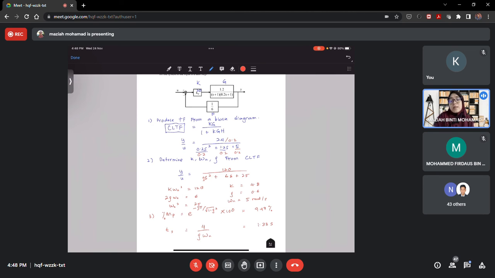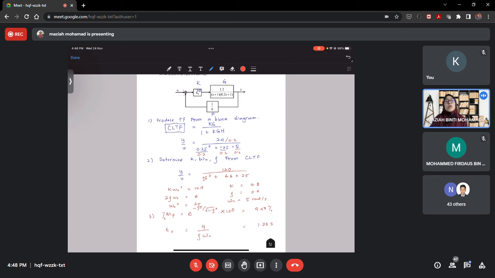If the transfer function is not given, you need to determine the transfer function, but please make sure that you determine the closed loop transfer function. That is the first step. Second step is to determine the parameters. In order to determine the parameters, you need to make sure that your transfer function is written in standard form.